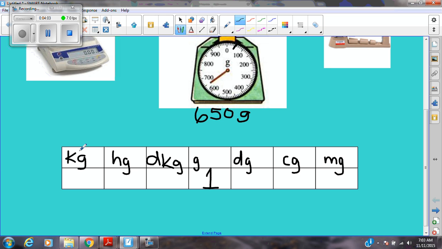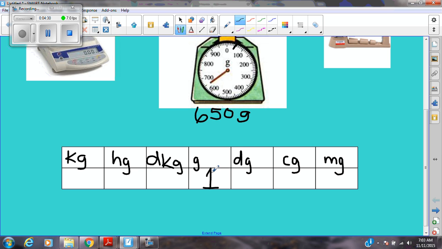We practiced doing a scavenger hunt and looking for things that weighed different amounts. Something that we came up with that was 100 grams, or 1 hectogram, was a roll of masking tape. A decagram is about 1 new pencil that's unsharpened. And then a gram we know is a paper clip. When you start getting down here, we start breaking up the one thing we have into equal pieces.